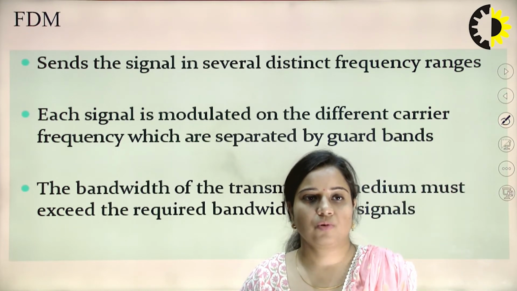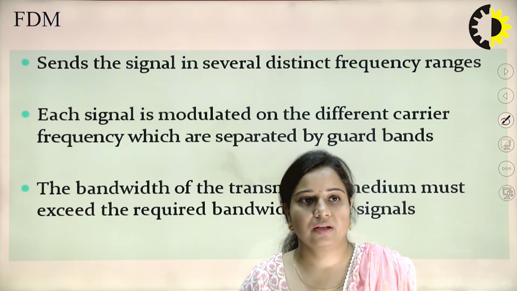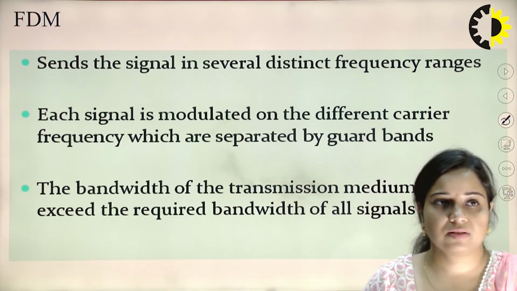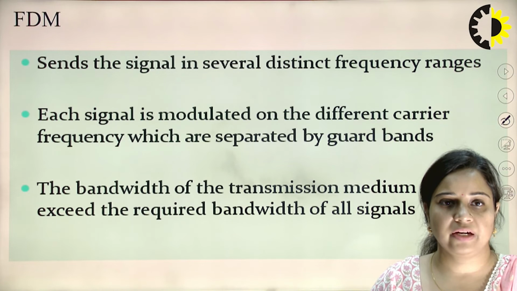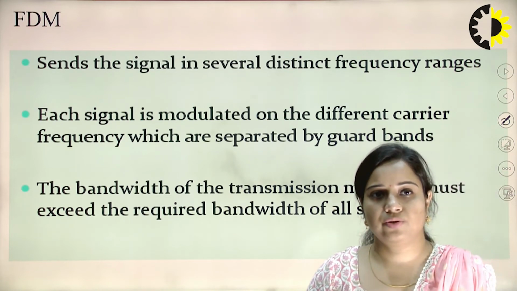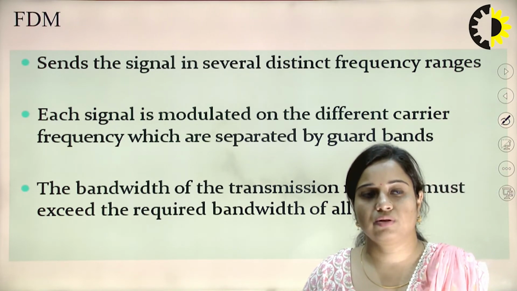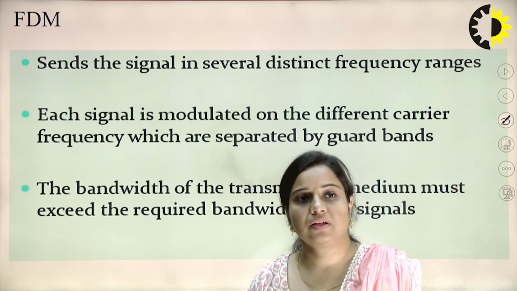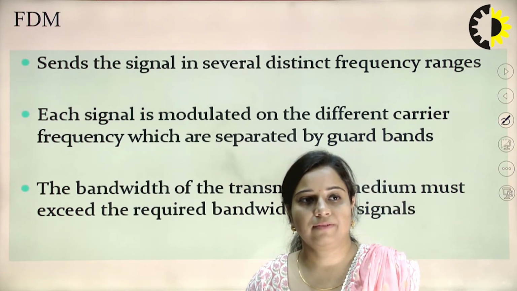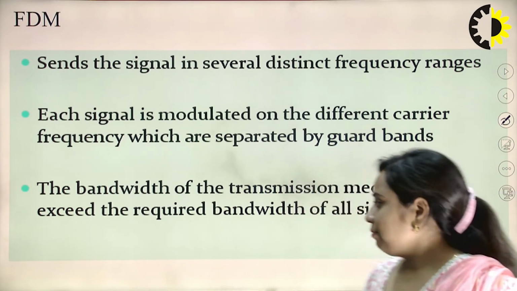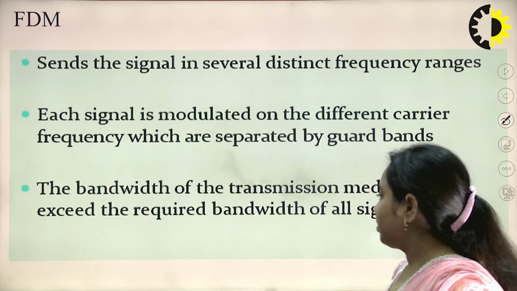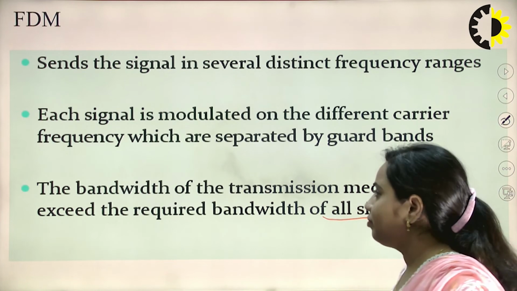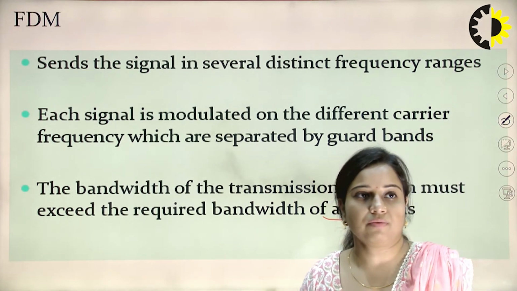Each signal is modulated on a different carrier frequency. So when we are saying that there are 3 different users, 3 different carrier frequencies are also required at each end, so that these 3 signals are initially modulated to different frequencies. The bandwidth of the transmission medium must exceed the required bandwidth of all the signals. So that is the case of FDM.